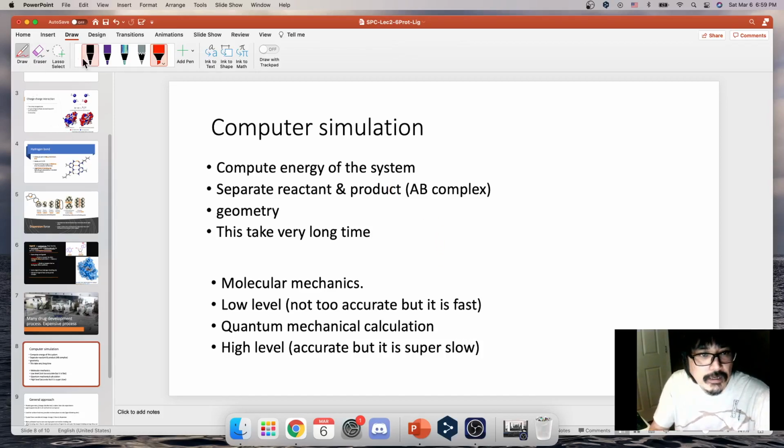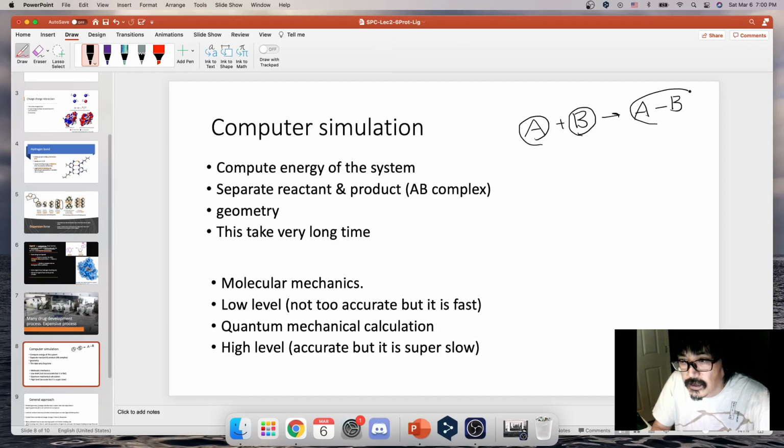So typically we have A plus B becoming AB, right? And then you can calculate the isolated A, the isolated B, and the isolated AB complex molecules.